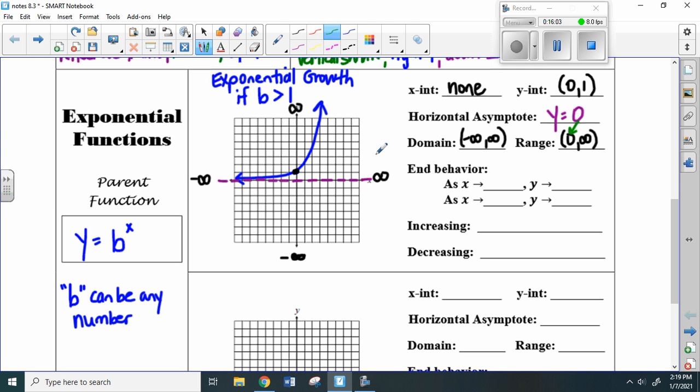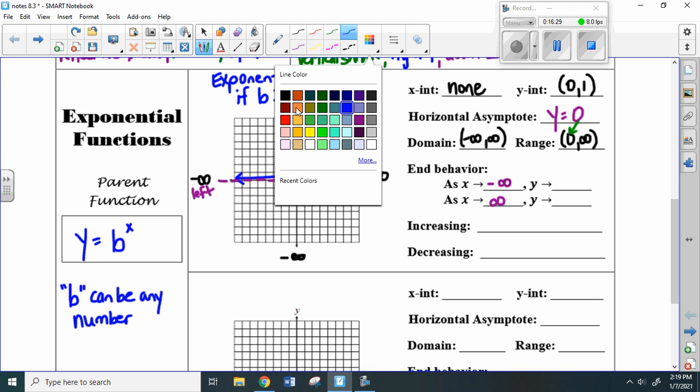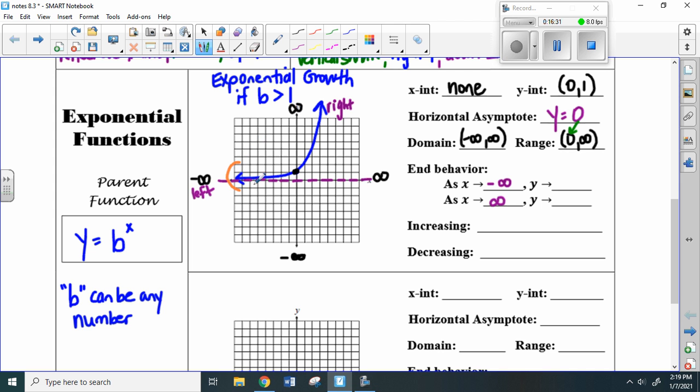Okay? Now, end behavior. It's going to be a little bit different here. We definitely have a left and a right, so we do need to talk about x approaching negative infinity and x approaching positive infinity. Let's go over here to negative infinity. Look at the end of this graph.